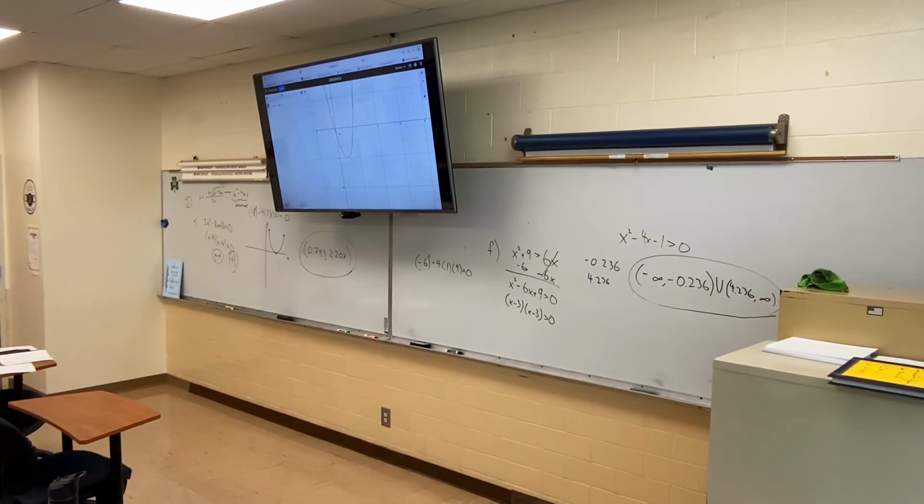All right, part C. x to the 4th, 8x minus 2x cubed minus 1 is less than 0. So let's graph that. What's my inequality symbol? It's a less than, right? Well, everywhere where this graph is less than 0.